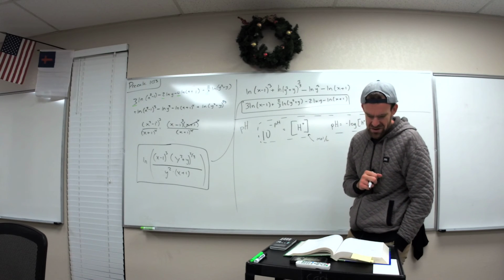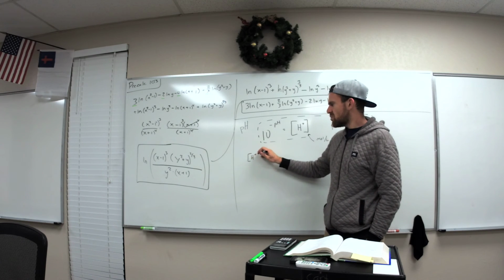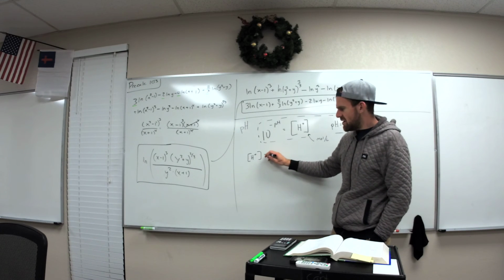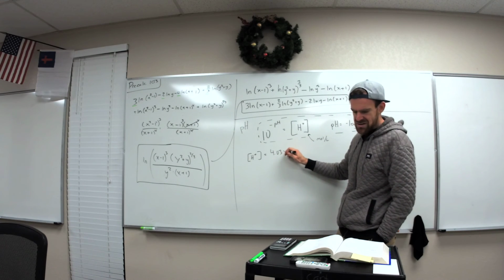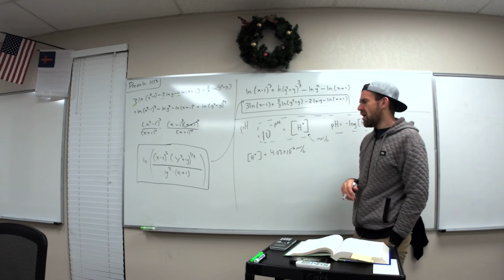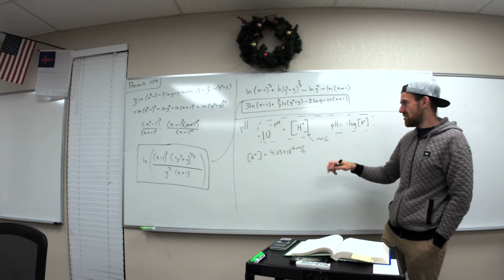Find the pH of a liquid if H plus, these little square brackets just mean the concentration, if H plus is 4.03 times 10 to the negative 6 moles per liter. How am I going to do that? Well, I want to find pH, so I'm going to use the equation where pH is already solved for.